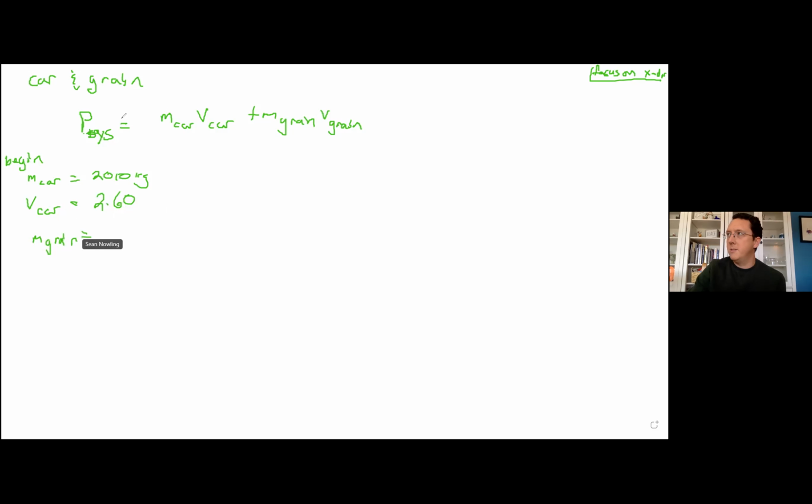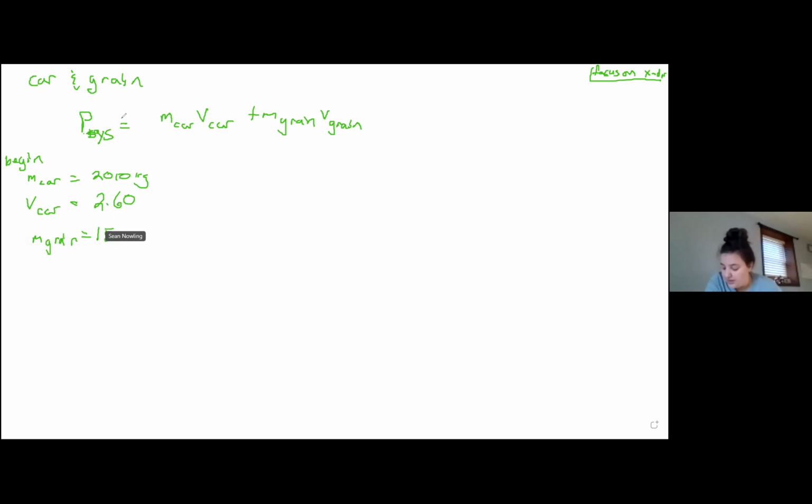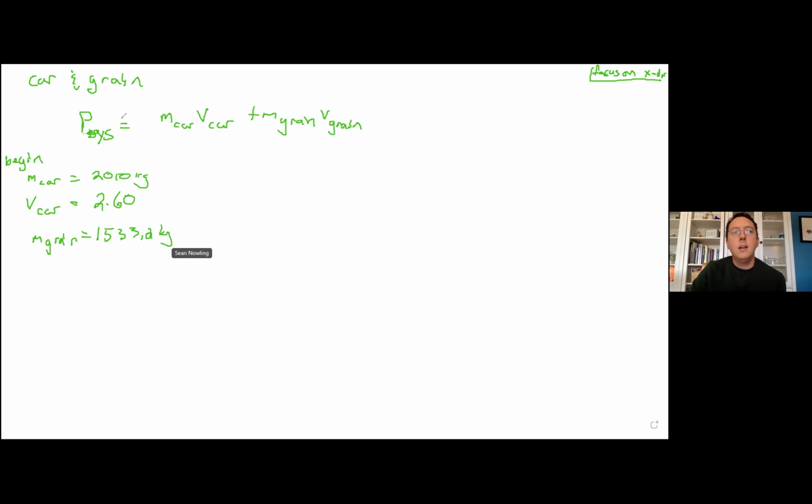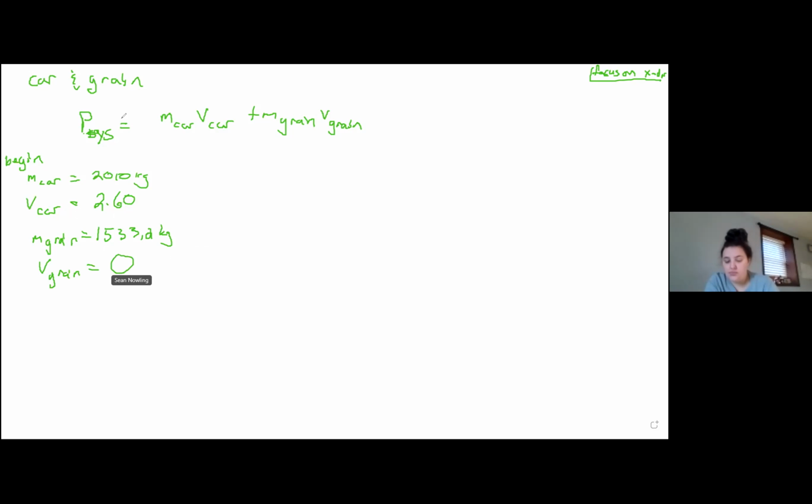You had to multiply those two numbers. 1,533.21. Okay. That's the mass of the grain. And what's the initial velocity of the grain? 0, in the X direction. Everything's in the X direction. So with these numbers, you could figure out the momentum before, for example.